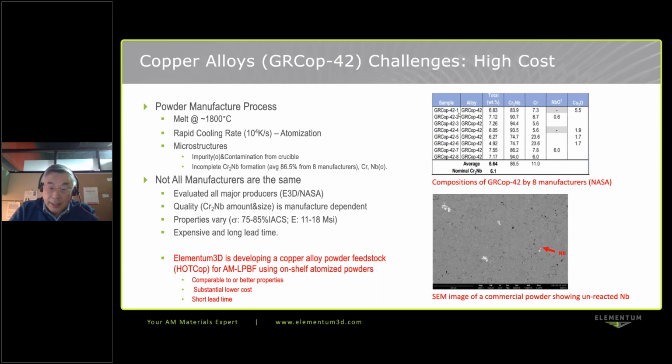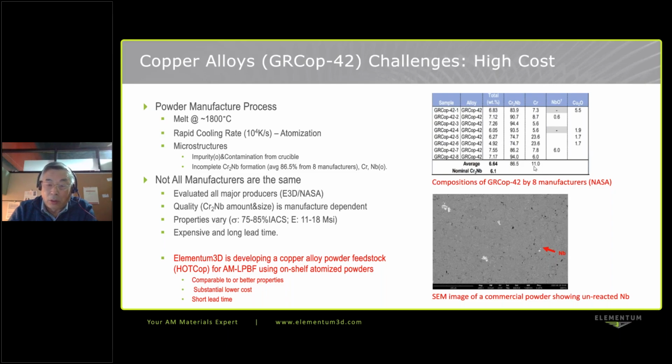They evaluated 8 manufacturers, and you can see it varies a lot because the quality of this alloy depends on the amount of compound formed. On average, they are getting about 86% of this compound.